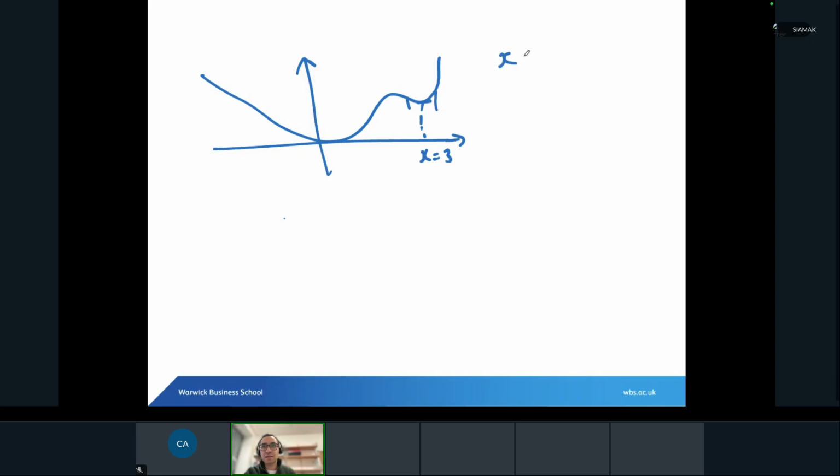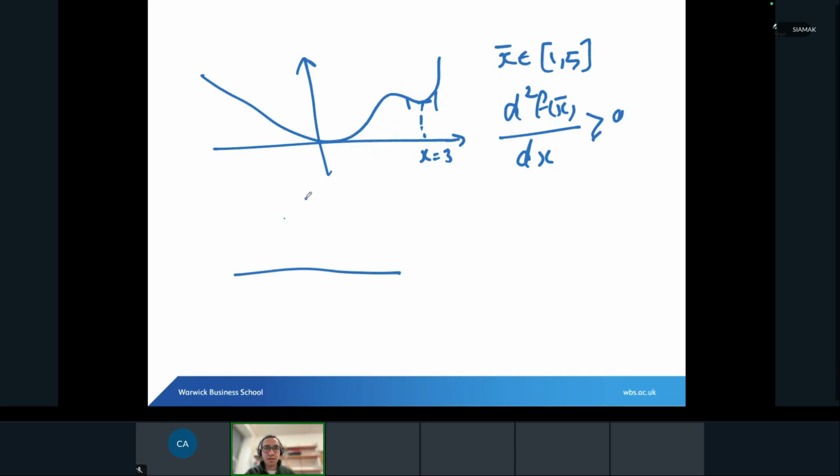For x between 1 and 5 for this specific function, let's call it x bar, if x bar is within 1 to 5, the second derivative is greater than or equal to 0. However, this function is not convex.